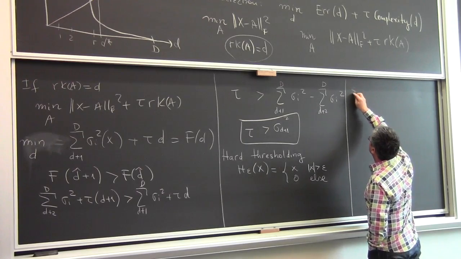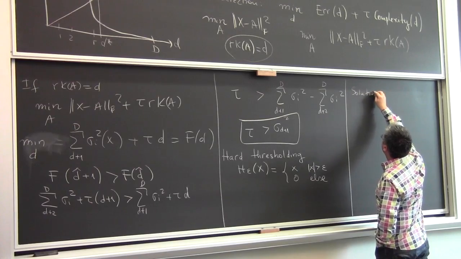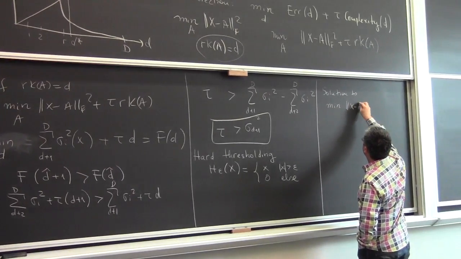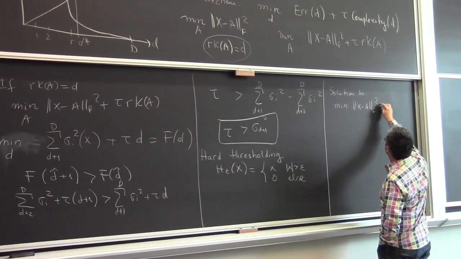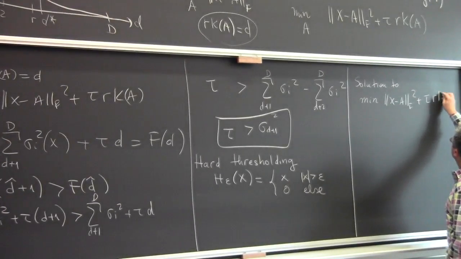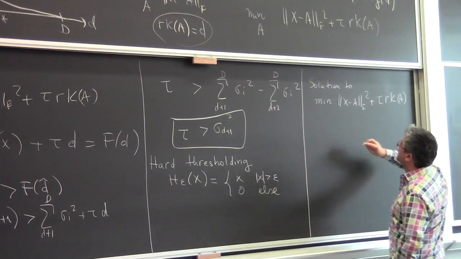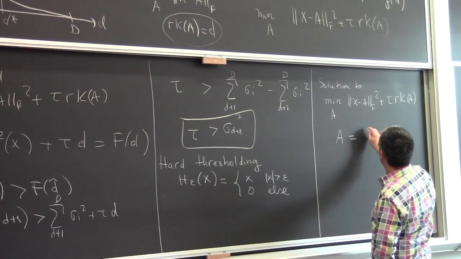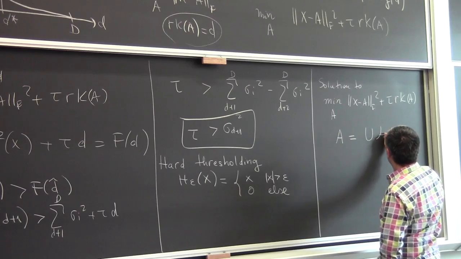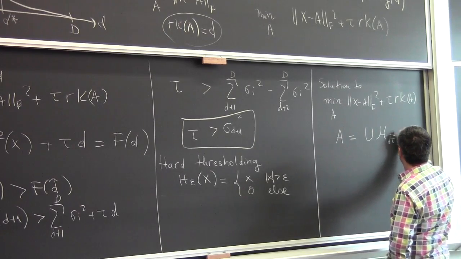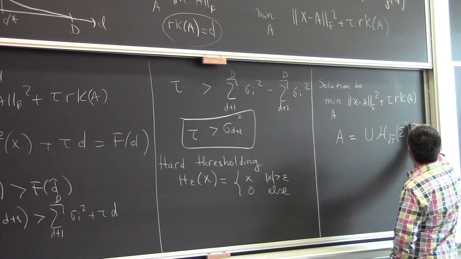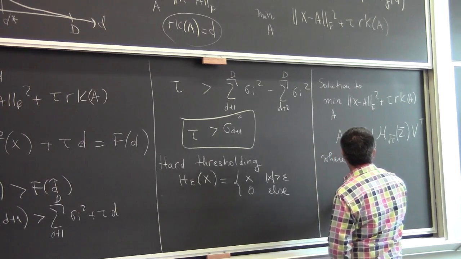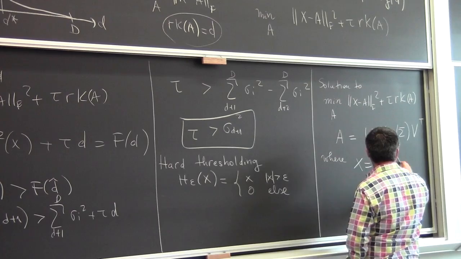So the solution to min over A of the squared norm of X minus A plus tau times rank of A, which is what we just discussed, is A equal to U times the hard thresholding with the square root of tau of Sigma times V transpose, where X is equal to U Sigma V transpose.